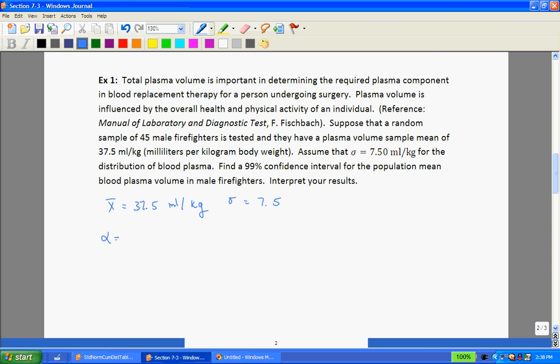Alpha, remember, is 1 minus the confidence level, which is 99%, so 1 minus 0.99, and we found this value before already, but just how we find it, we take that, we divide by 2, so that gives us 0.005. So z sub 0.005 we found before to be 2.575.